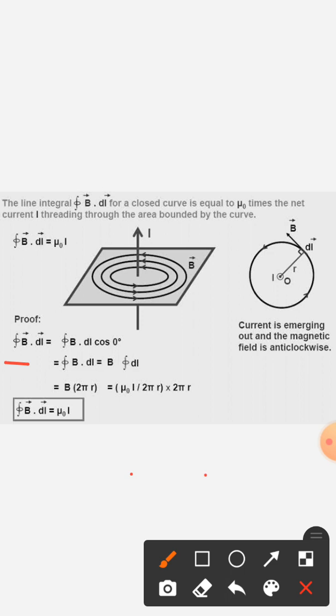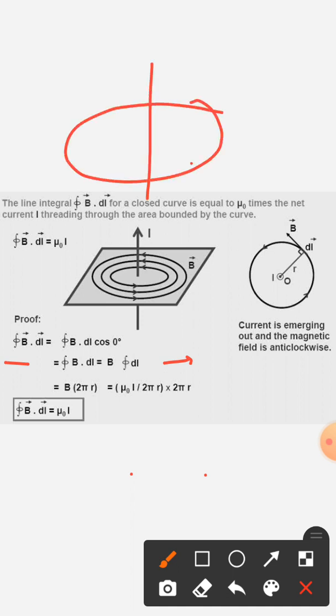So now we apply integration by solving. The magnitude of the magnetic field B is constant here because it is uniform and has the same distance, the radius of this circle.